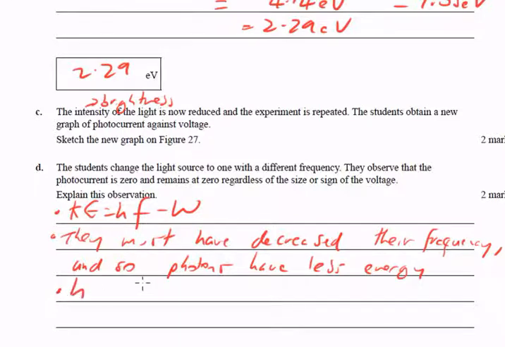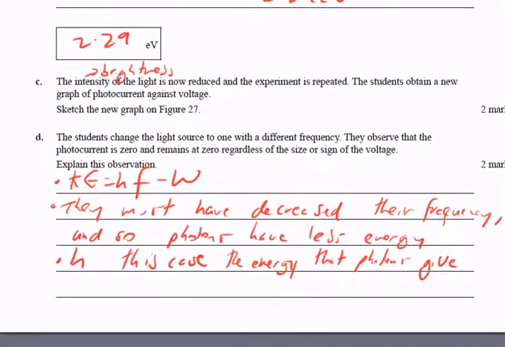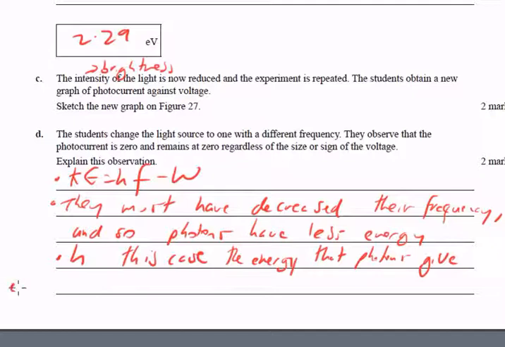So in this case, the energy that photons give the electrons is now smaller than the work function.